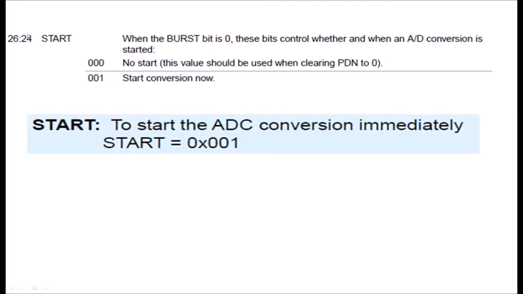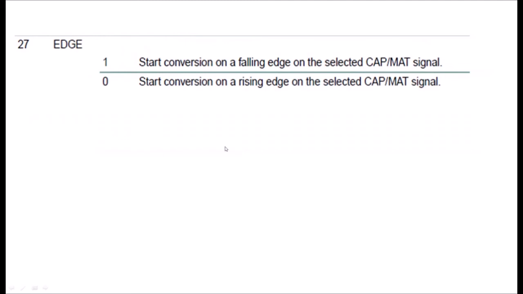The next field is start, bits 24 to 26. To start the conversion, we have to store 001 here. If this field is 001, then the conversion will start. If it is 000, the conversion won't start. The next is the edge field, bit number 27.